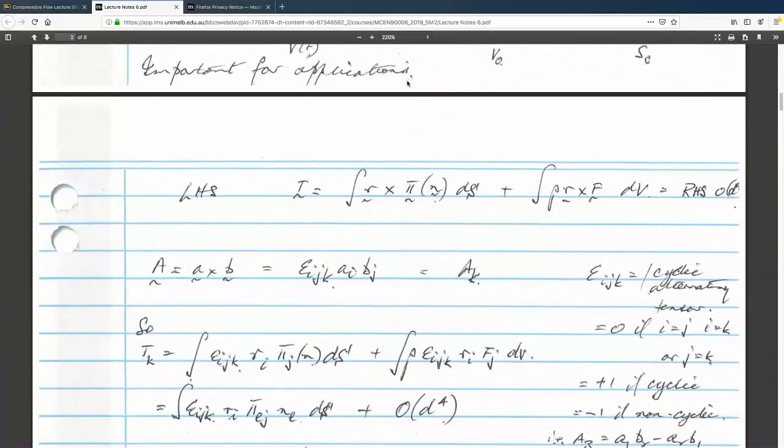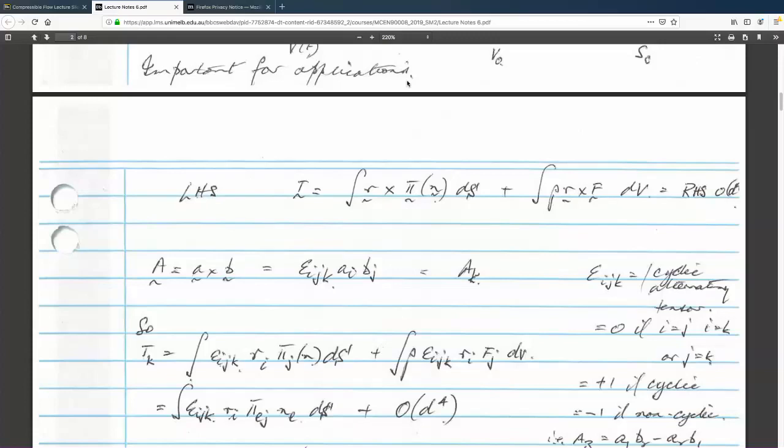It's equal to 0 always if i is equal to j. So think of i, j, and k as 1, 2, and 3. And each one of them changes from 1, 2, or 3. So it's 0 if i is equal to j, i is equal to k, or j is equal to k. So if any one of them is the same as any other one, it's automatically 0.